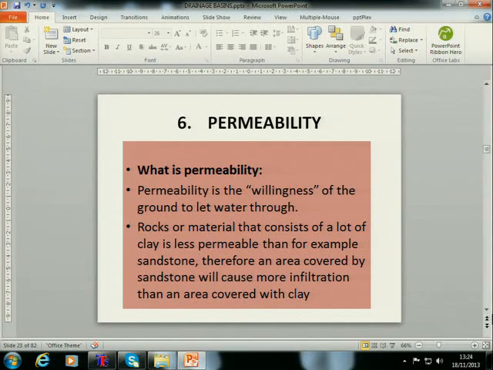In primary school, you were taught that sand will let water go through more easily than clay. Okay, so if you have a lot of clay in the ground, it is less permeable. And the area covered by sandstone will therefore cause more infiltration than the area covered with clay.